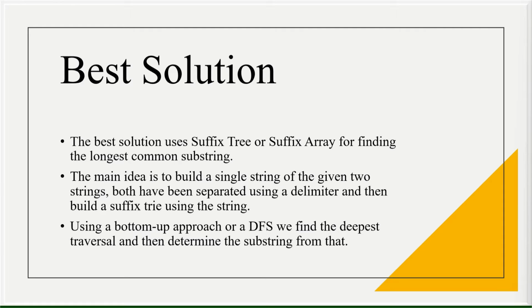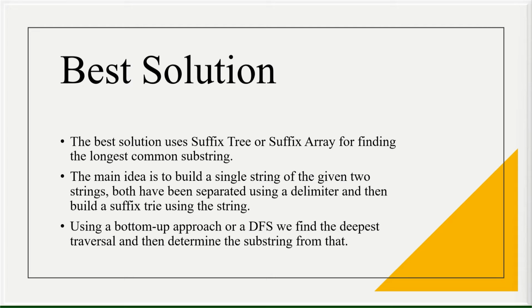Now let us look at the best solution. As mentioned before, the problem with the dynamic programming solution is the time complexity required to solve the problem. For example, if we get two very large strings, then the time complexity will be O of n square. Therefore, the best solution is using a suffix tree or suffix array for finding the longest common substring.